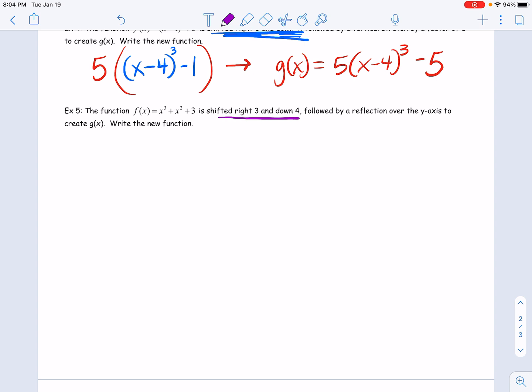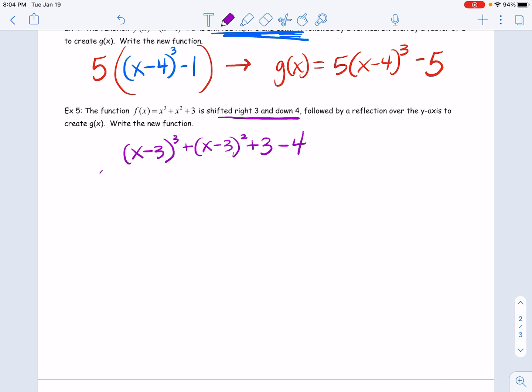If I shift right 3 and down 4, then everywhere I see an x, I'm going to replace it with an x minus 3 because that's going right 3. But I also go down 4. That down 4, remember, is written on the outside of any parentheses, so it just gets tacked on at the end. So what I'm going to do here is expand and combine like terms.